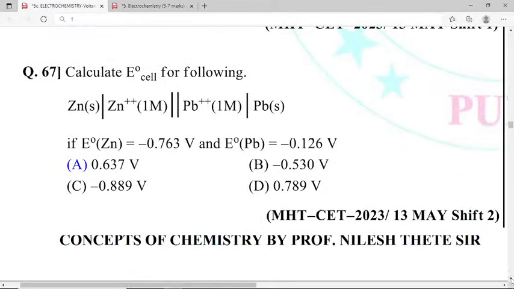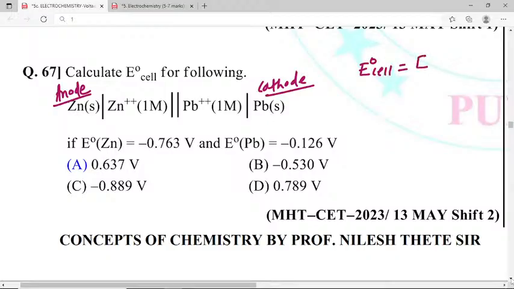Calculate E naught cell. Same question, E naught cell. So this is the anode. This is the cathode. So cathode minus anode. So E naught cell is equal to, what is the cathode? E naught Pb, lead, minus E naught zinc. Zinc is the anode.